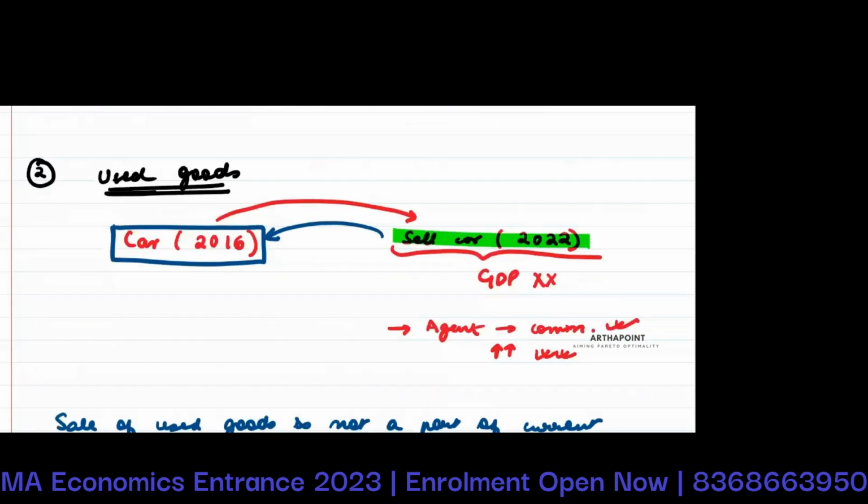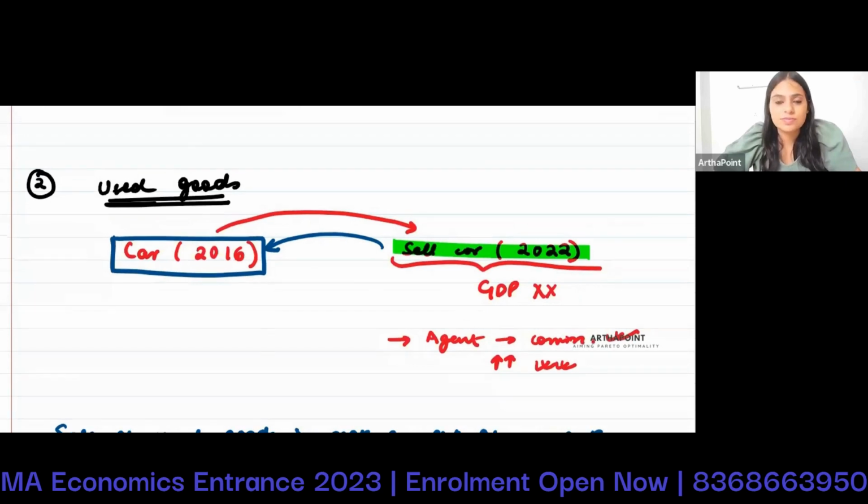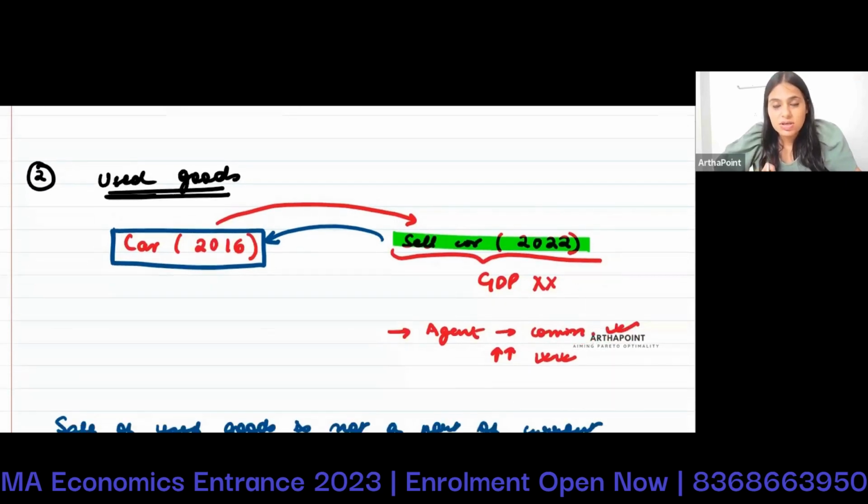Like it won't be accounted anywhere in the GDP? No, that won't be accounted. Because that is what you are getting as part of the value of the car. It has already been accounted when you purchased the car for a higher value in 2016.